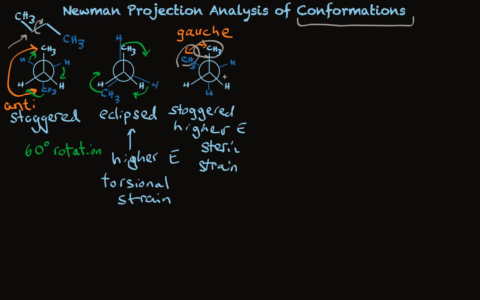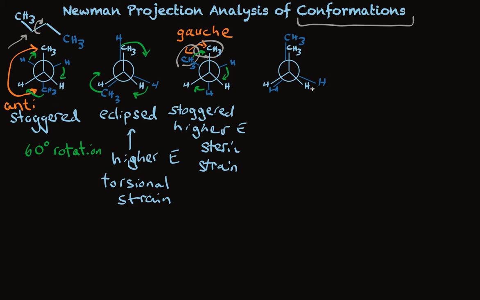Now we can continue our rotation another 60 degrees, and there goes that methyl group. And we get to another conformation where the methyl groups are directly across from each other. The hydrogens are across from each other, and the other hydrogens are across from each other.